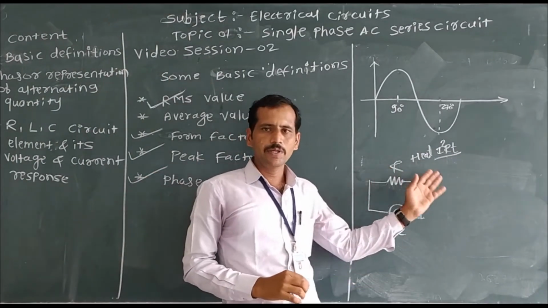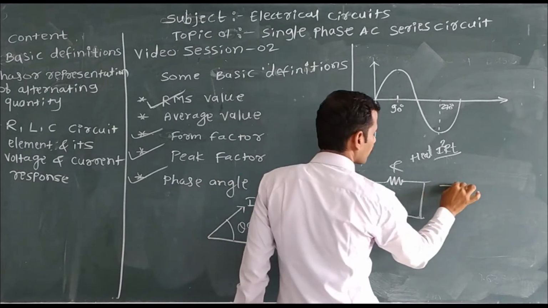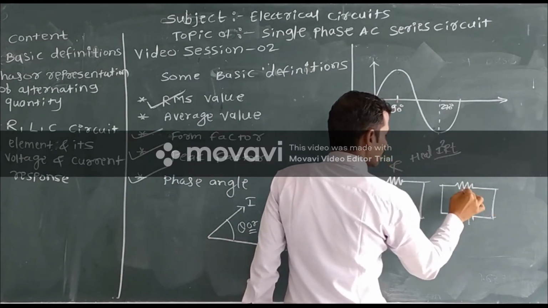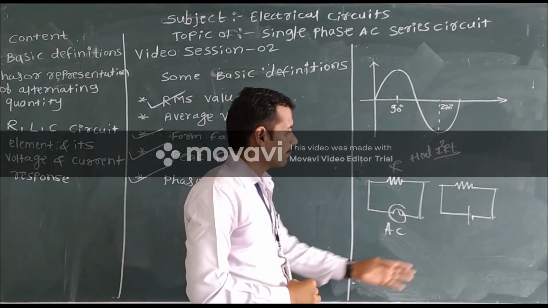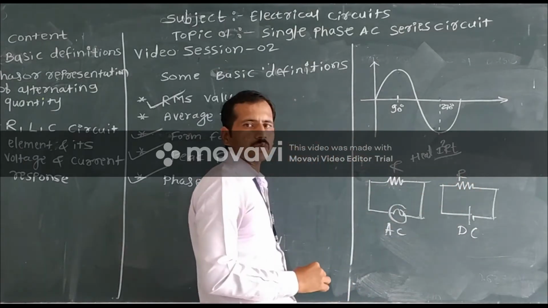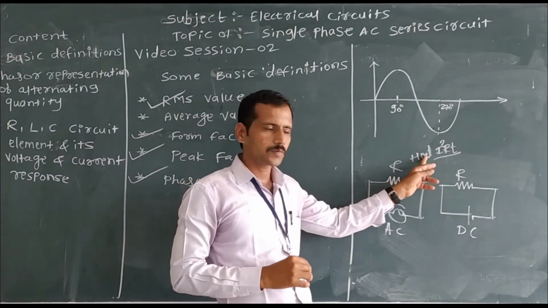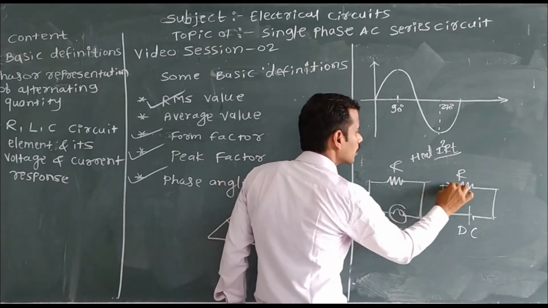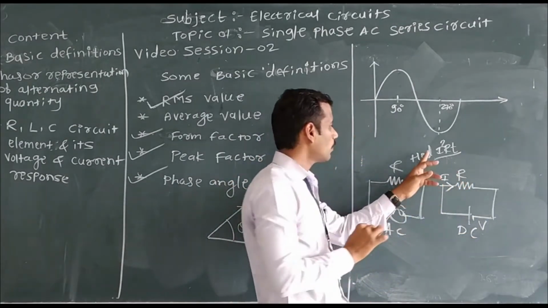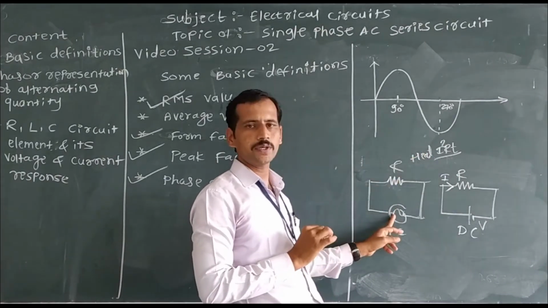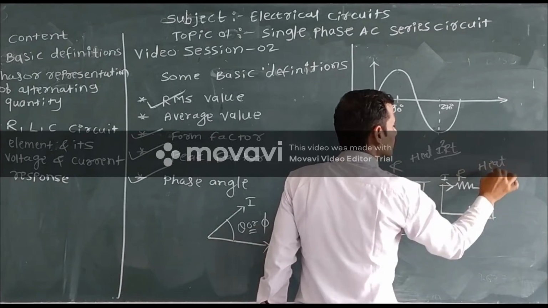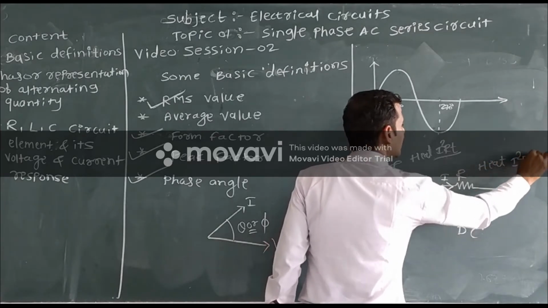Again I am taking the same device, but instead of AC, I am giving DC. So I want to produce the same amount of heat. Whatever current or voltage is required to produce the same amount of heat as produced by the AC quantity, that is known as RMS value.